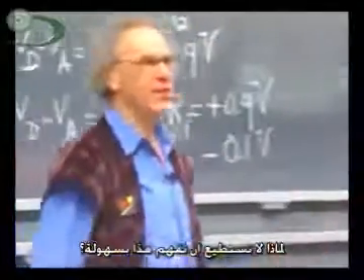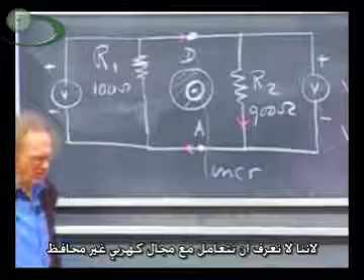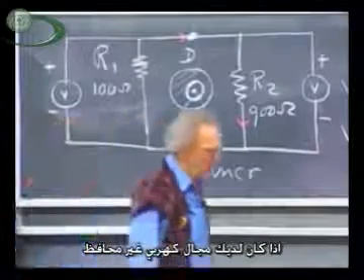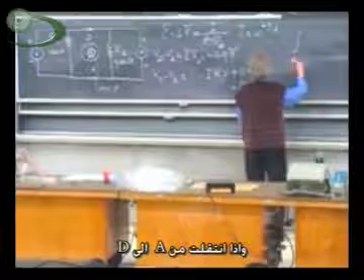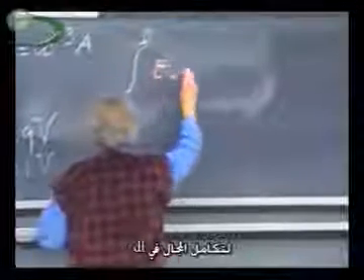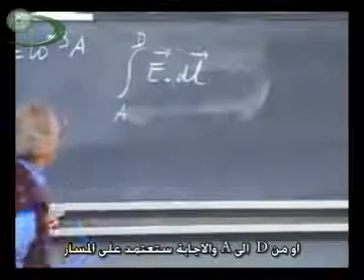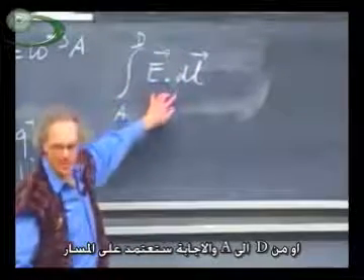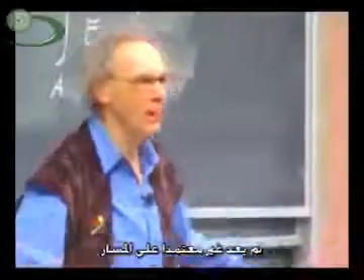Why we can't digest this so easily is we don't know how to handle non-conservative fields. If you have a non-conservative field, then if you go from A to D of E dot dl, or from D to A for that matter, it doesn't matter, the answer depends on the path. It's no longer independent of the paths.